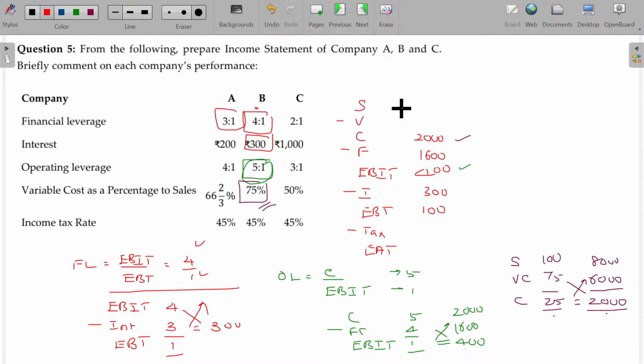So this one being 8000, 6000, and applicable tax rate 45 percentage, and finally EAT being 55. Hope now you will be able to understand this. Clear?